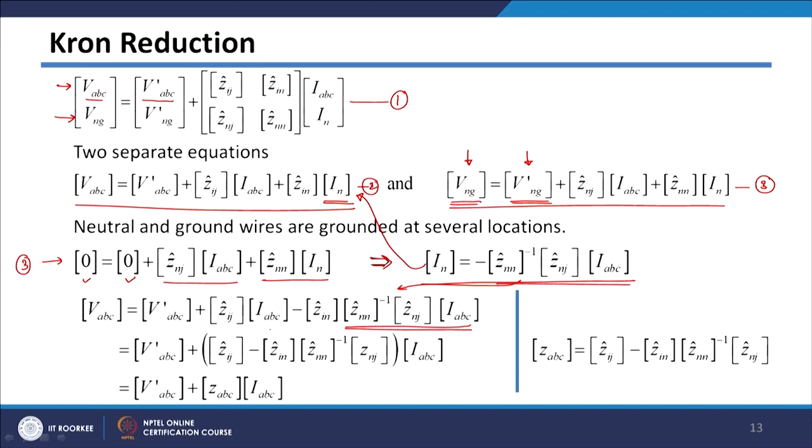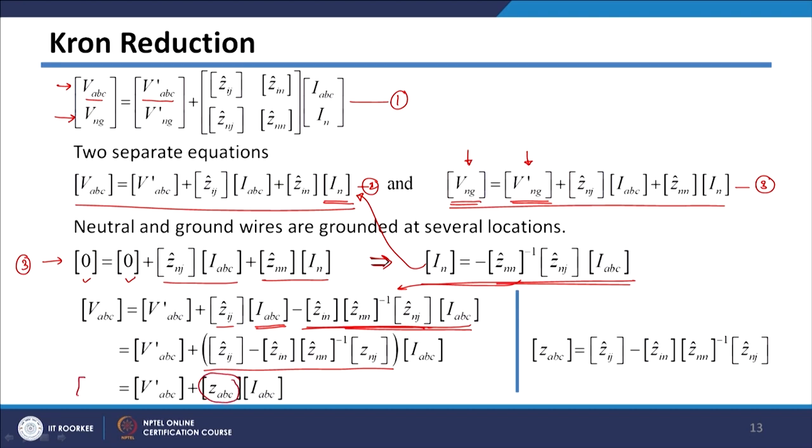And in this case, I can take this IABC common out. So, the overall term in the bracket will be Zij plus this term here, which is Zin multiplied by ZNN inverse multiplied by ZNJ, and this bracketed term I am calling ZABC.